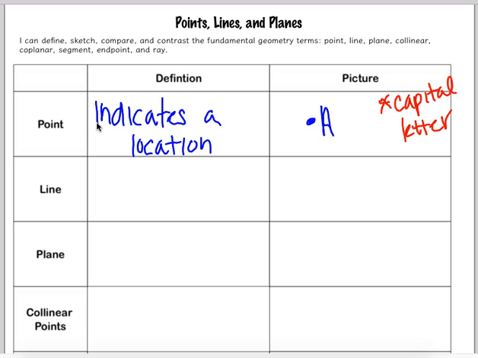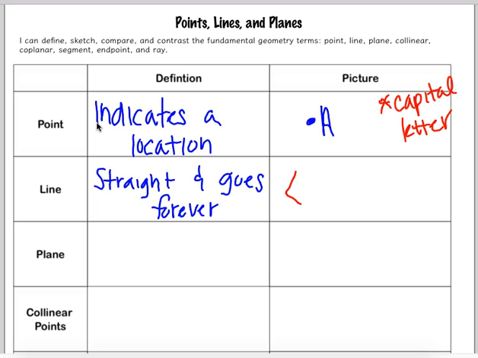Okay. A line, it's just obviously what you think a line is. It's straight and goes on forever. I'm pretty sure we all know what a line looks like, right guys? There's a line. It's not very straight, but it's a line. And you name this two ways.